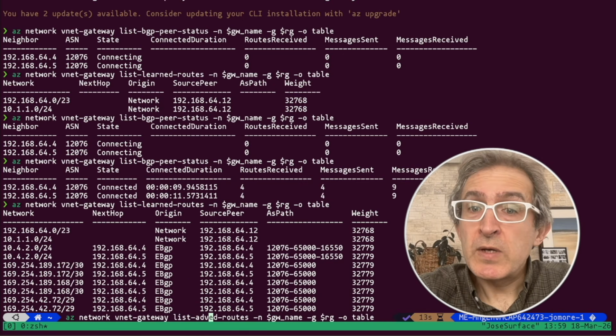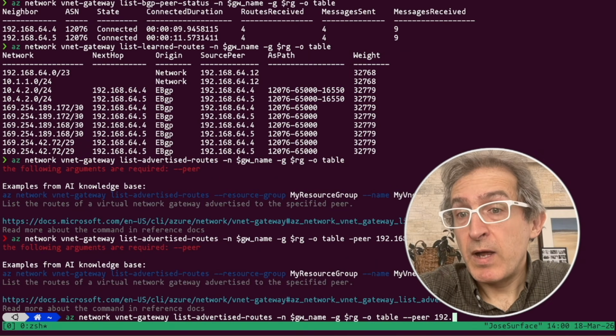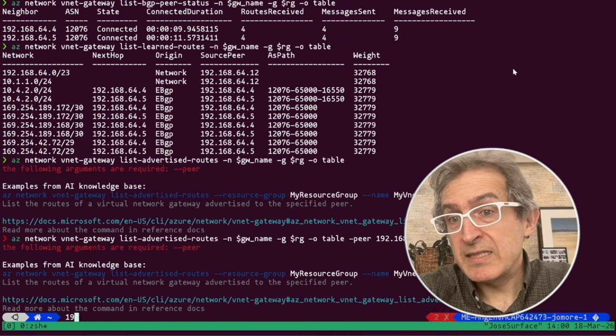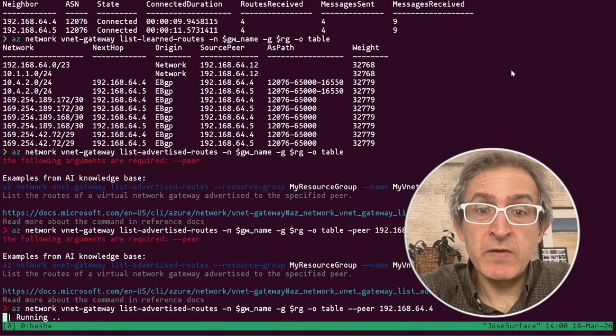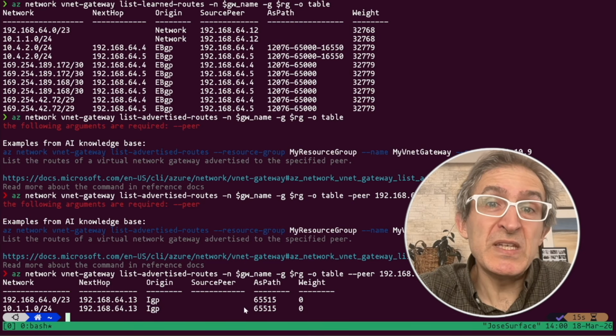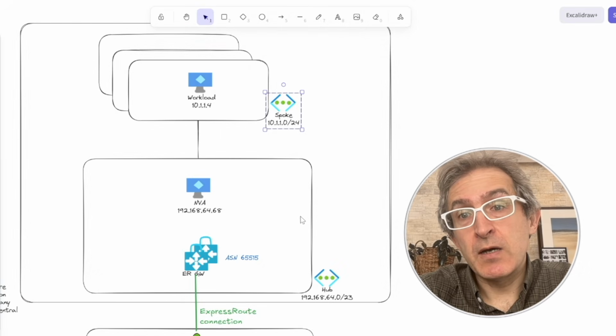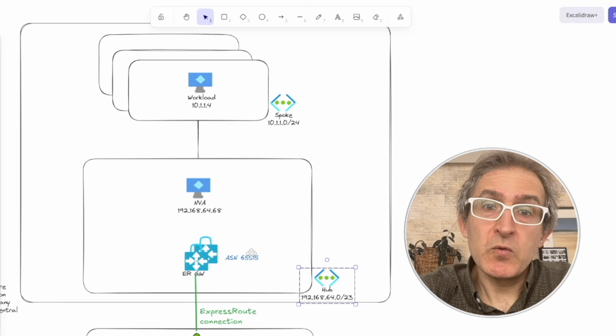You can also have a look at the advertised routes. In this case, you have to specify one neighbor, so you will see the routes that are being advertised over BGP to that specific neighbor, and you can see that it's the two connected routes, the two VNet prefixes for the hub and for the spoke that are being sent over to ExpressRoute.